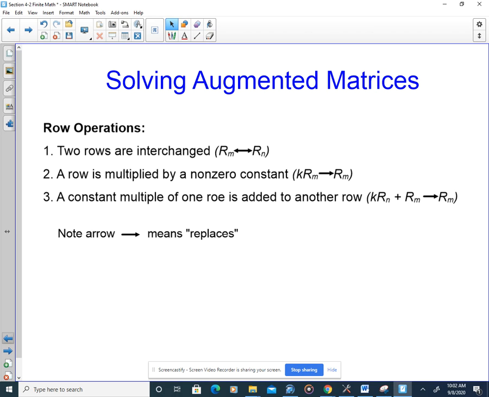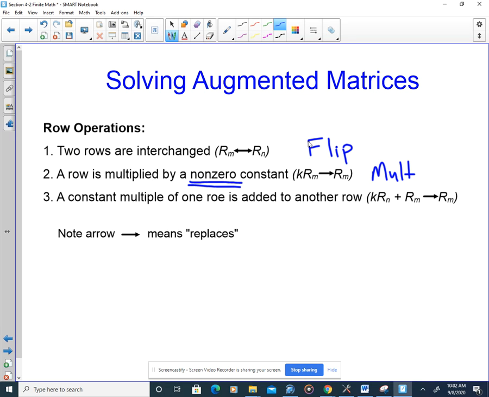Basically, the first one, remember, is you can flip any two rows. The second one, you can multiply any row by any non-zero number. Right? You cannot multiply a row by 0, but you can multiply by any non-zero number.